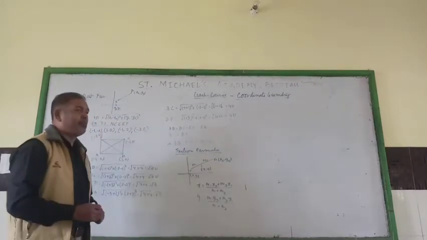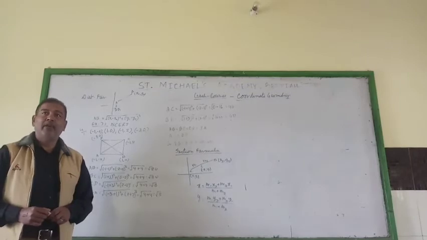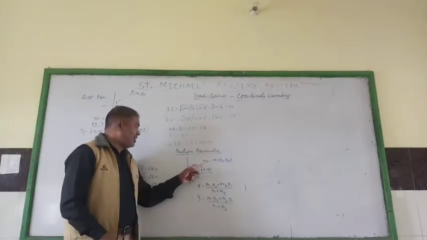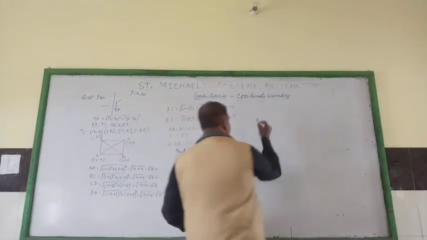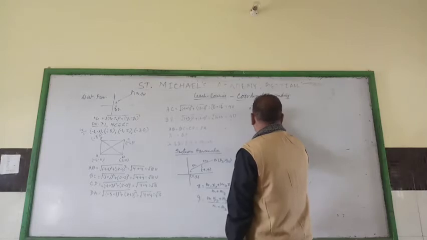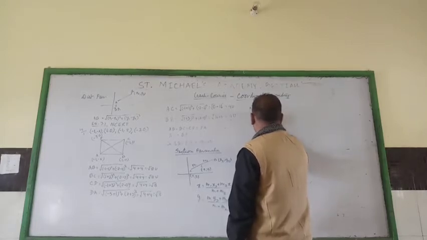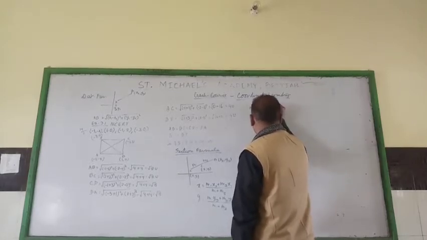There is a special formula for this one that is known as the midpoint formula. At what condition? If C is the midpoint of AB. Here, if you have given A and B, and C is the midpoint, it means AC is equal to CB, which means m1 is equal to m2. Suppose this one is m1, this is m2.